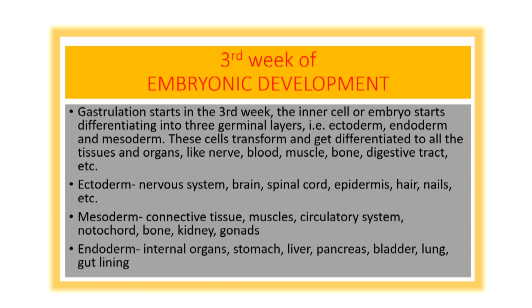These cells transform and differentiate into all the tissues and organs like nerve, blood, muscle, bone, digestive tract, etc. The nervous system, brain, spinal cord, epidermis, hair and nails are formed from ectoderm, whereas connective tissue, muscles, circulatory system, notochord, bone, kidney and gonads are formed from mesoderm. At the same time, internal organs, stomach, liver, pancreas, bladder, lung and gut lining are formed from endoderm.